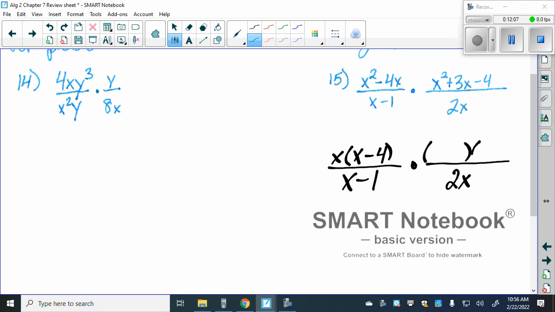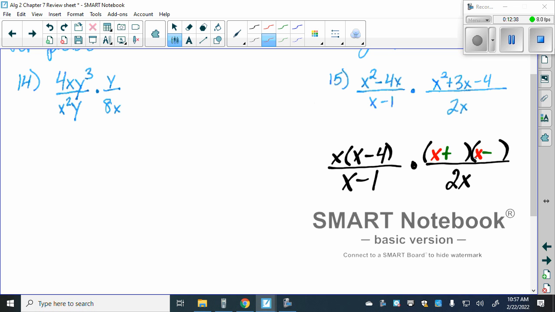Well, that just leaves us with our x squared plus 3x minus 4. So when we factor this one here, since the 4 is negative, it tells us our signs are opposite. One is going to be positive, one is going to be negative. Now the factors of x squared are x and x. Well, if I'm going to get something to simplify, I need one of these sets of parentheses to be what? That's the only set of parentheses we have in the denominator, x minus 1.